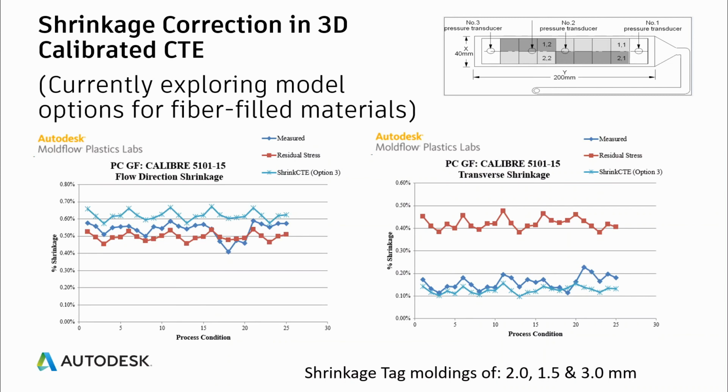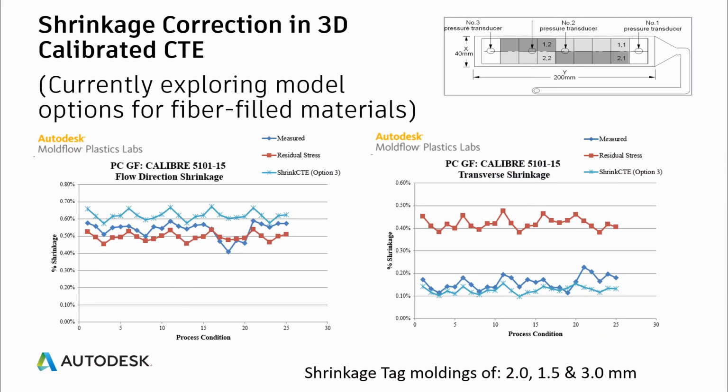And you see in blue, the darker blue, the measured shrinkage values, again from the same shrinkage tag moldings done in our laboratory. And you can see a prediction of shrinkage predicted by the standard residual stress model, and also a prediction of shrinkage coming from this shrinkage correction method, the shrinkage calibrated coefficient of thermal expansion.